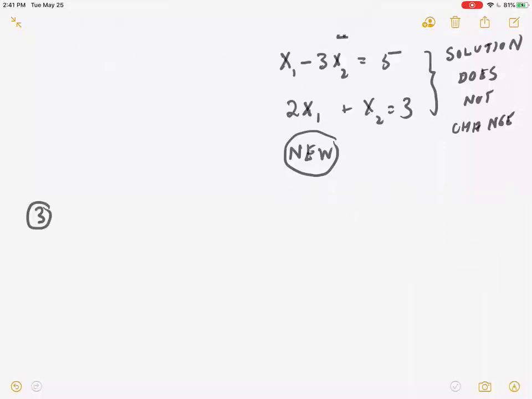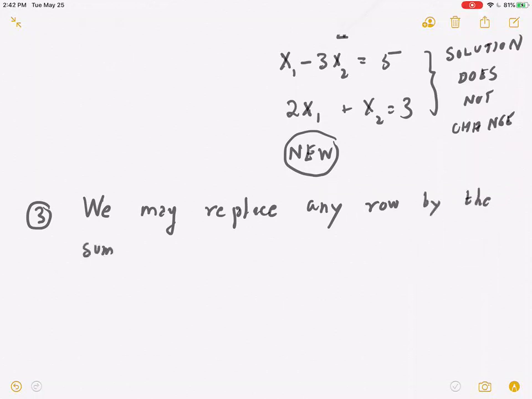There's one last elementary row operation that we need to define and illustrate. And it is as follows. We can replace any row by the sum of the row and a constant times another row.